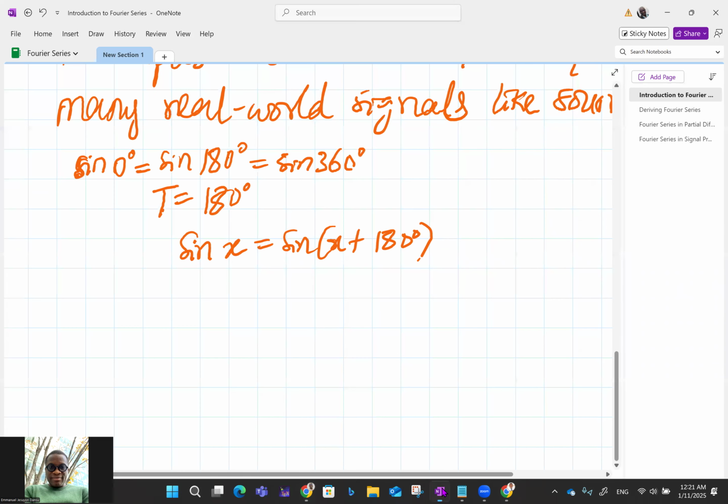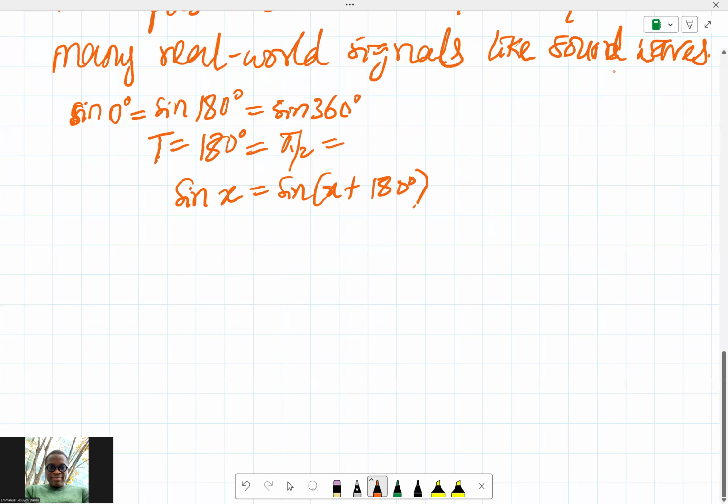So 2 pi is actually the period in that situation. Of course, this 180 degrees, in terms of radians, is basically pi over 2. So pi over 2 is the period for sine. But for cos, you see that cos pi is 180 degrees.